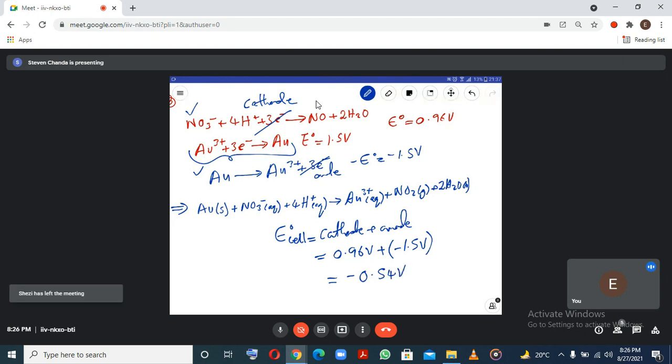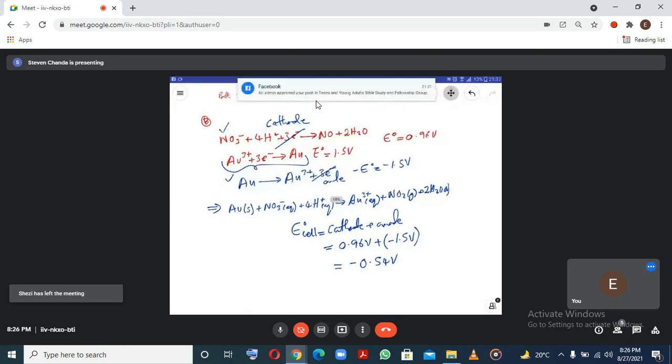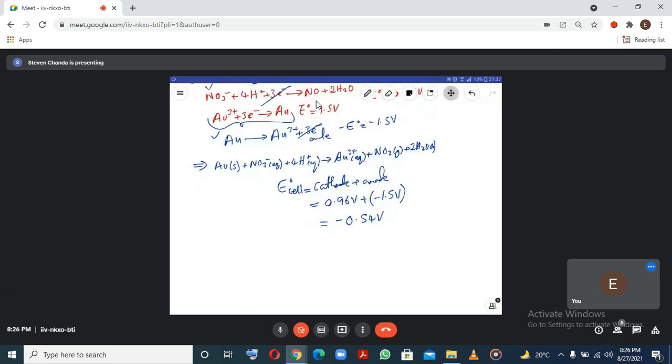Your Zumda gives this in a different manner, and I always want to clear this up because many people think someone has made a mistake. Your Zumda gives it like this, which simply means you just get the potential for the cathode, and the conversion has already been done.